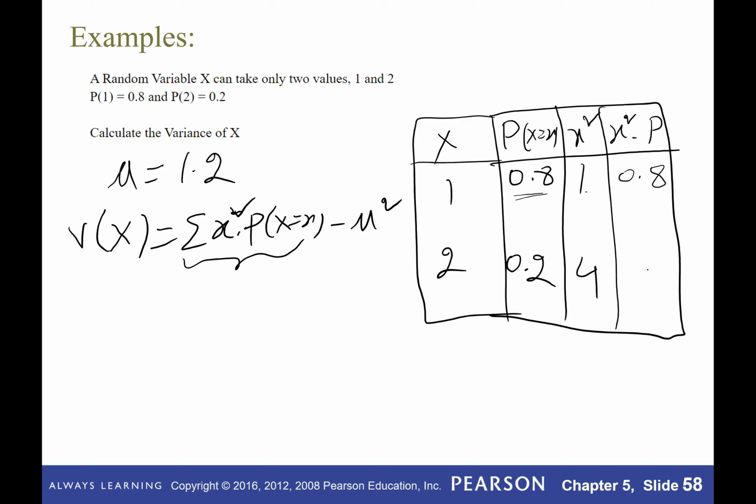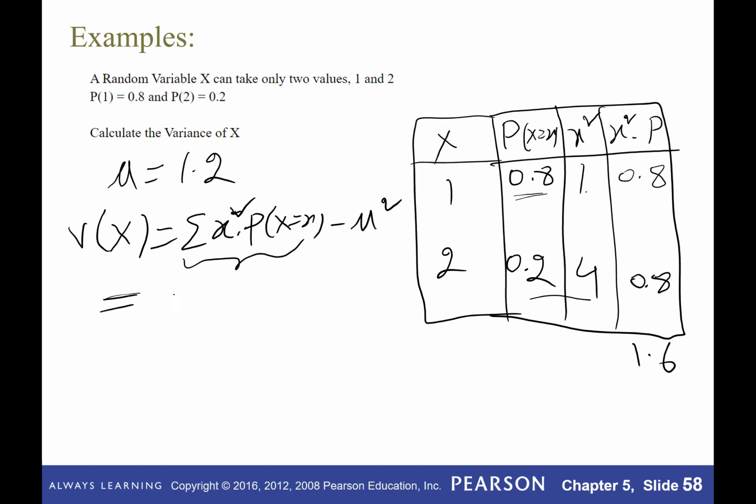The next value is 0.8 by 4 times 0.2, yes, and the total is 1.6. If you multiply these two, it will be 0.8, and the total is 1.6.